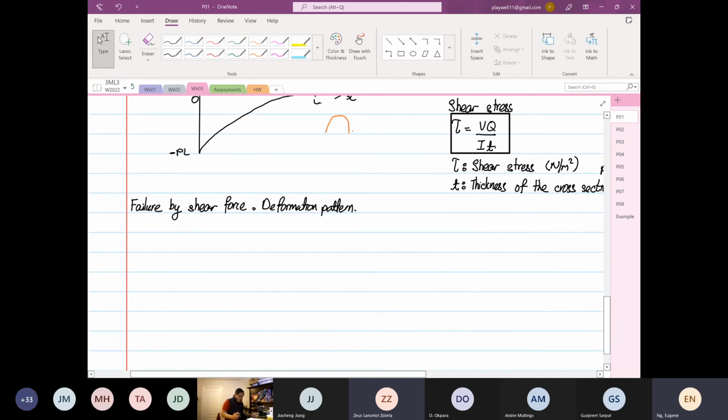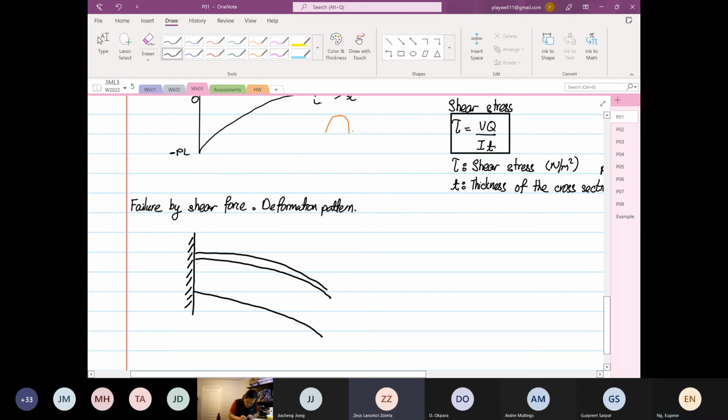So let's now construct the deformation pattern. This is still our cantilever, and this is our deformation pattern. I'll try to draw layer 1, 2, 3, 4, 5.